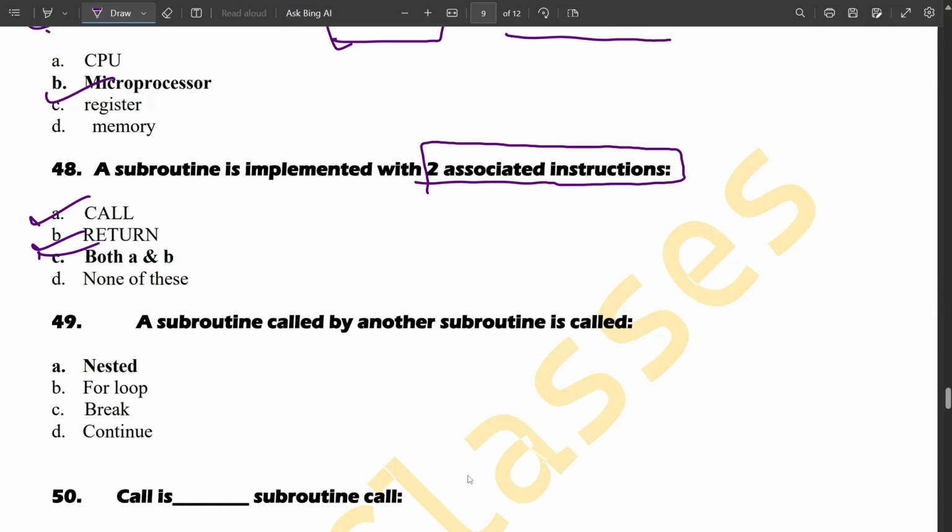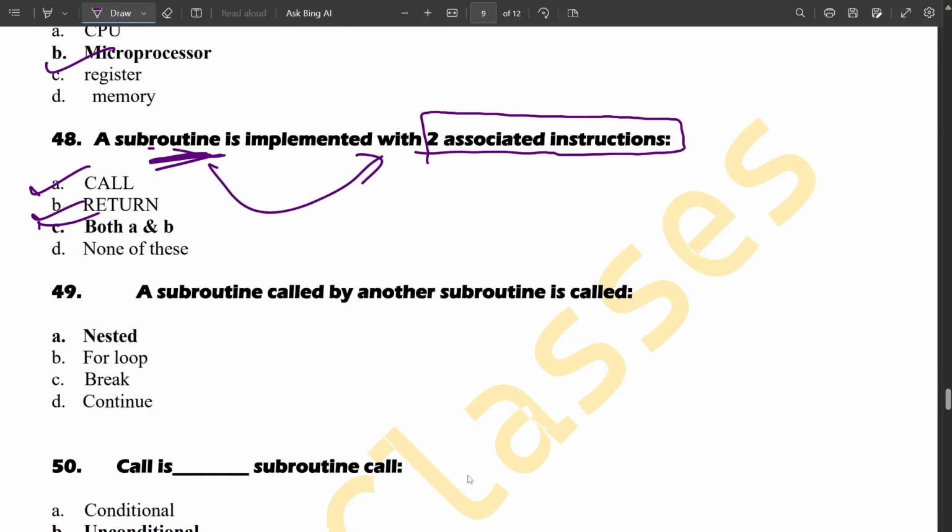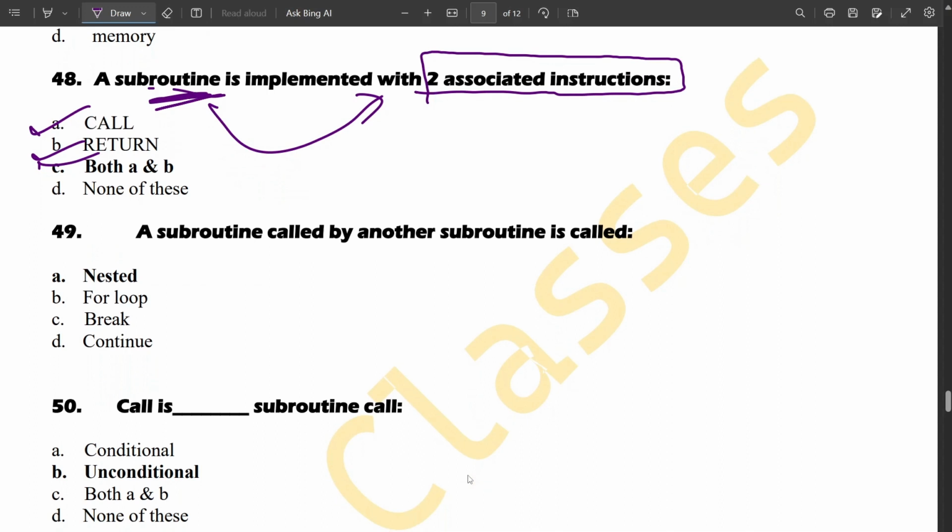Both are right. Option number C is correct. Next, when one subroutine is called by another subroutine, it is called what? One called by another, then this will be nested.